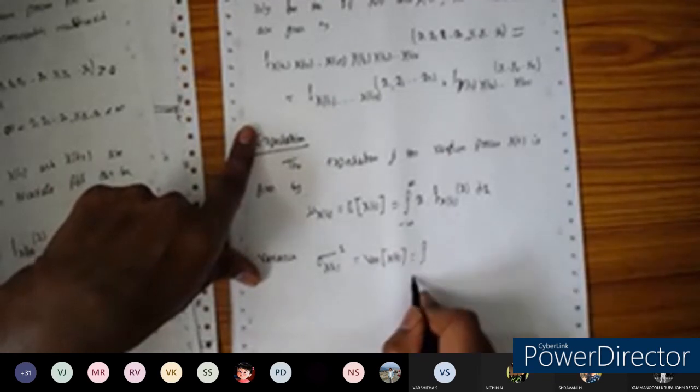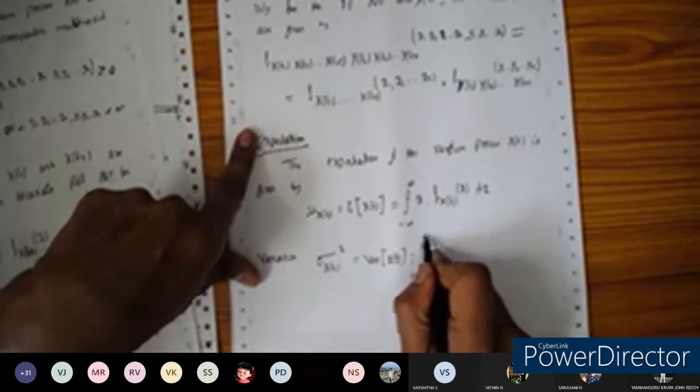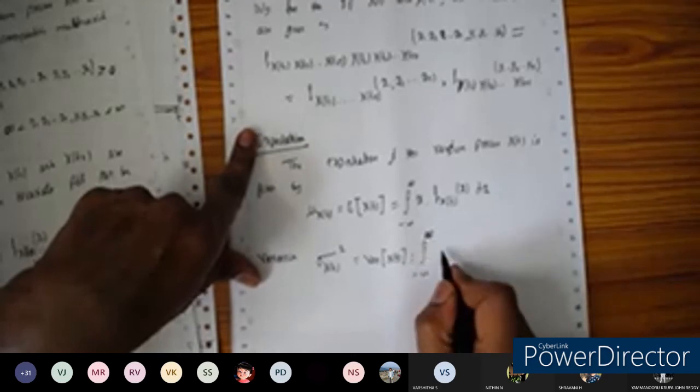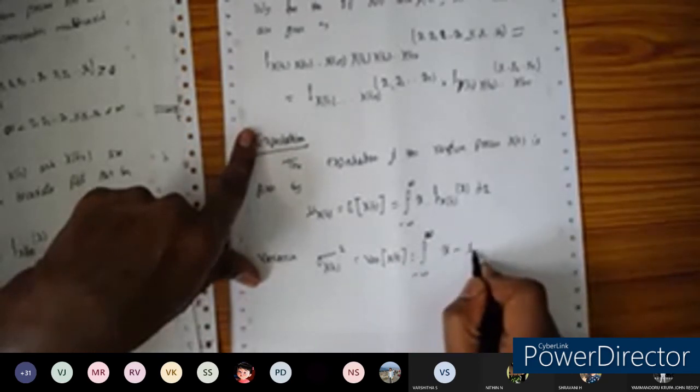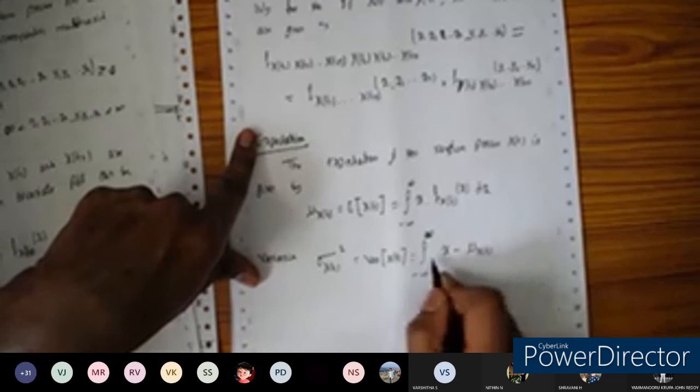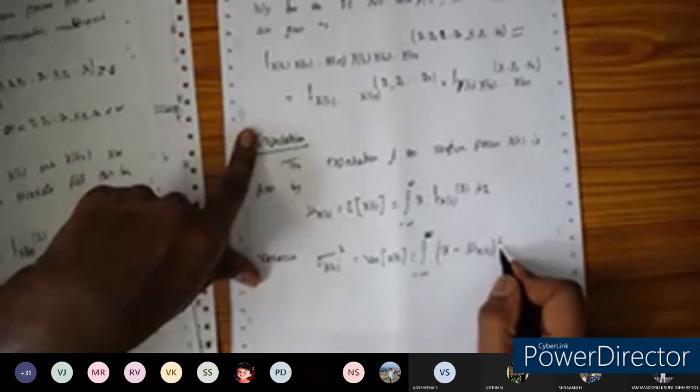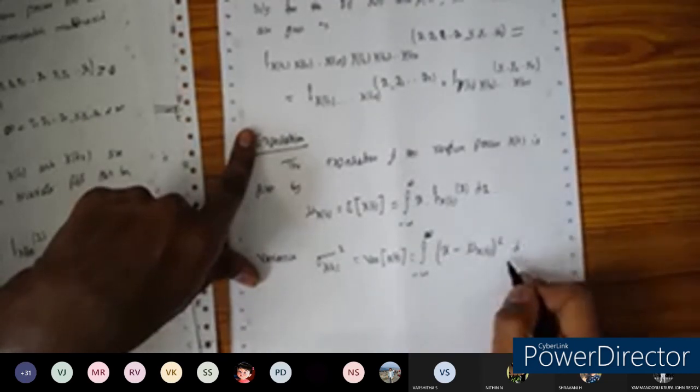It is equal to the integral. The variance is the second central moment, which is the difference between the random variable and its mean, the whole squared. We call that the second central moment, and it is called the variance. It is multiplied by fX of t of x into dx.